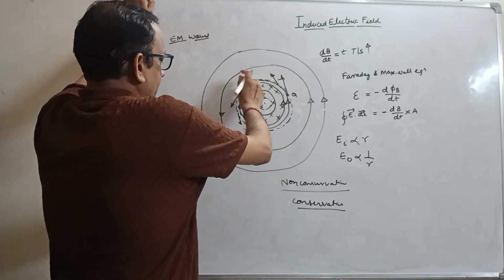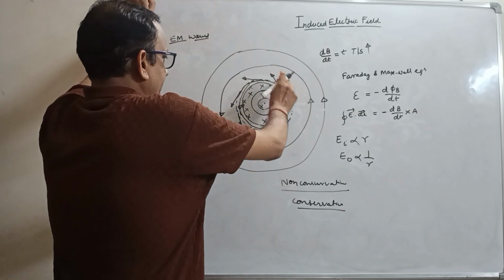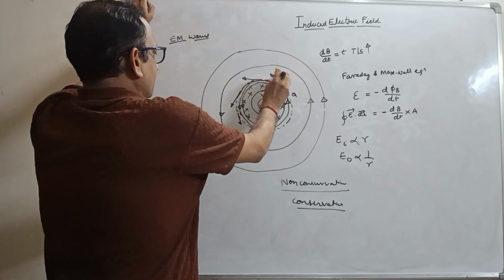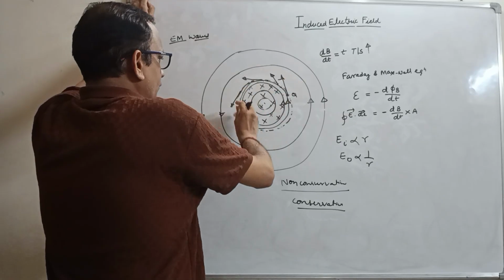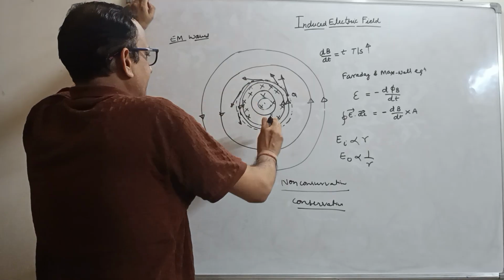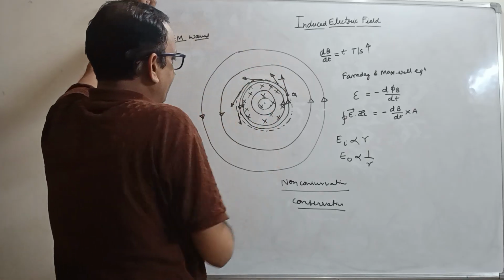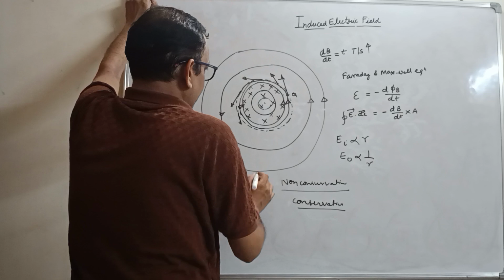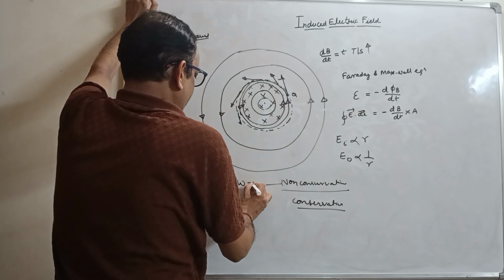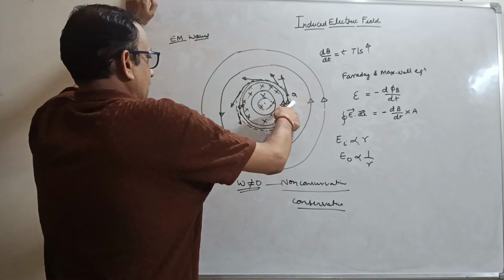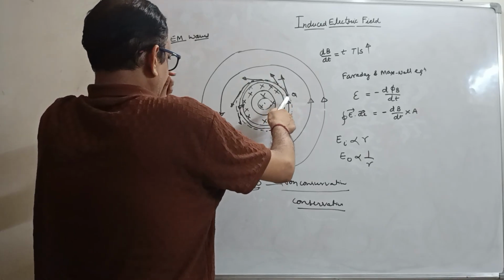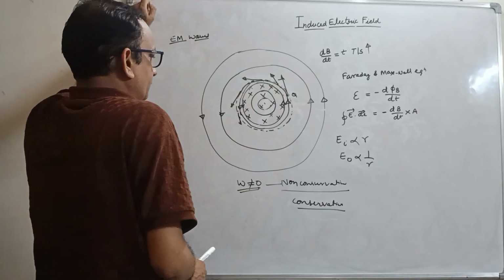So a different form of energy is involved here. In a closed loop the net work done by moving the charge by the induced electric field is not zero. So work done is not zero when the charge is traversing a circular loop.